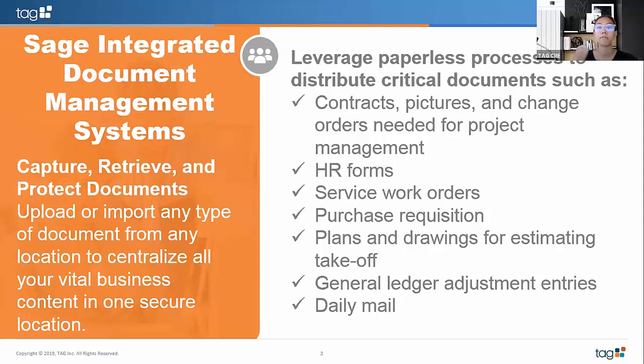So communicating from the field and within the office, you can get rid of those old-fashioned manila folders and post-it notes that really tend to slow a project and communication down. Sage Paperless is going to replace all of that with an electronic system. Everything's going to be filed and also integrated back to those records in your accounting platform.